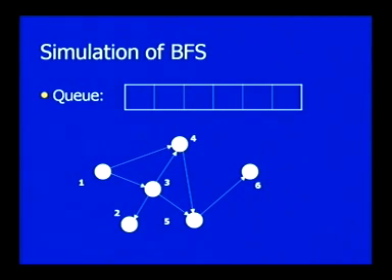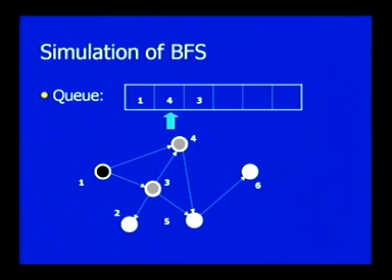I am going to start with 1. So, I am going to enter the neighbors of 1 onto the queue. The neighbors are 4 and 3. So, 1 I have read actually. So, I am going to the next node 4.